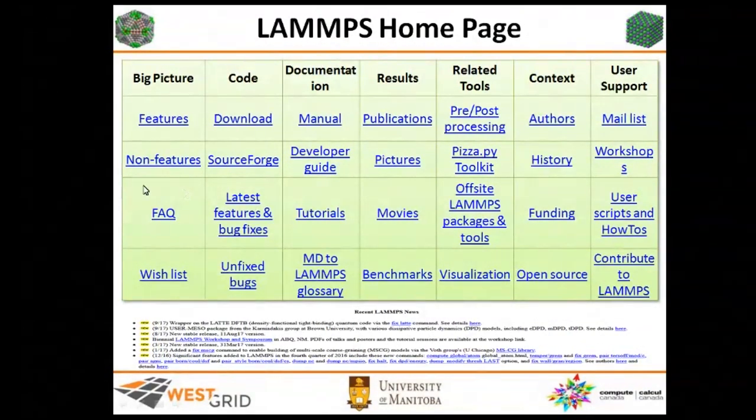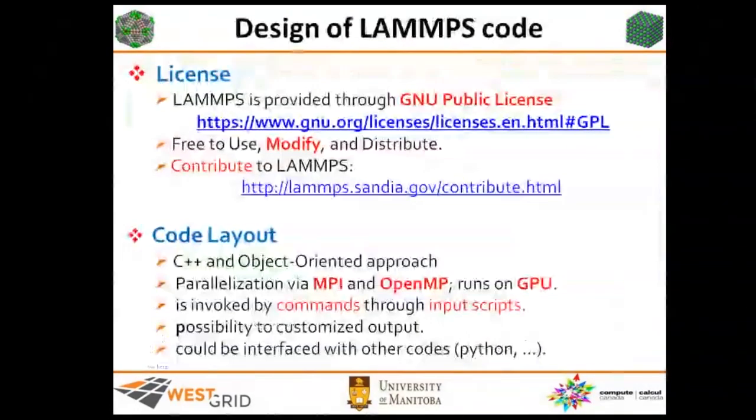From this table, you have access to almost everything: a link to download the code, the manual, pictures, publications, and so on. Just below this table, there is the recent LAMMPS news. Whenever they add something to LAMMPS, they put it here.